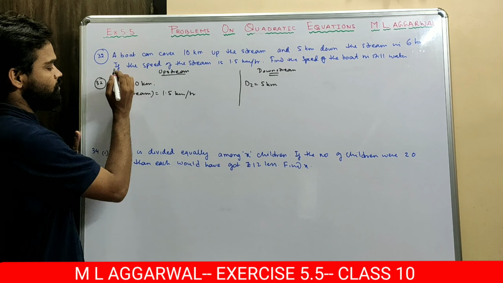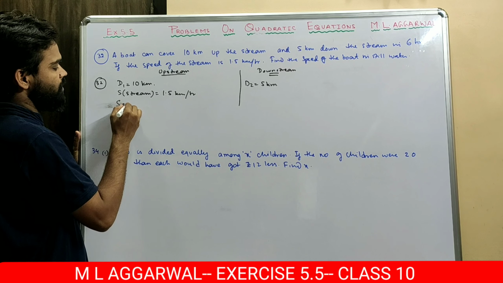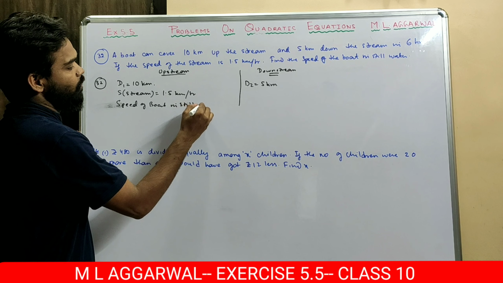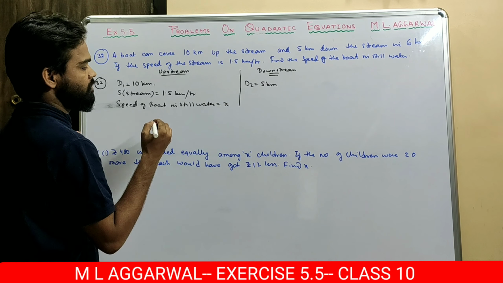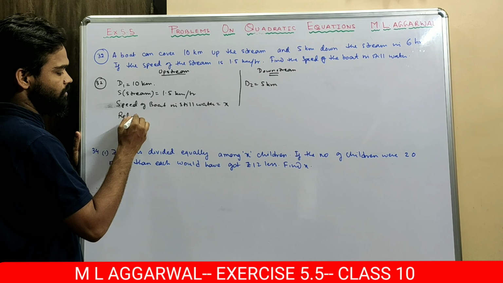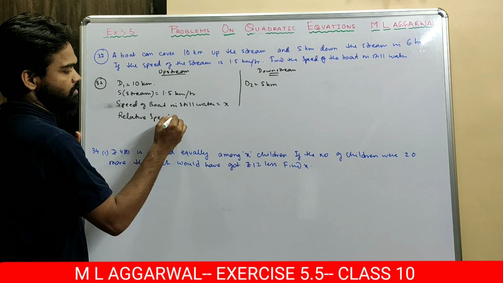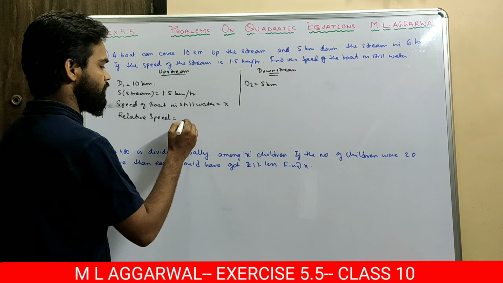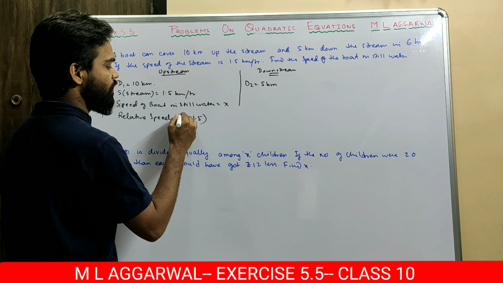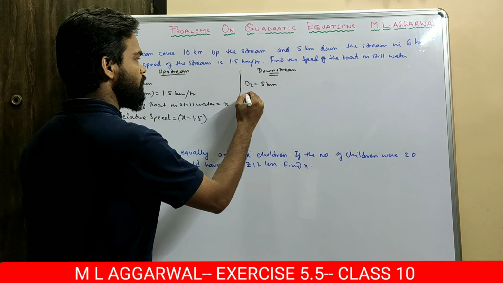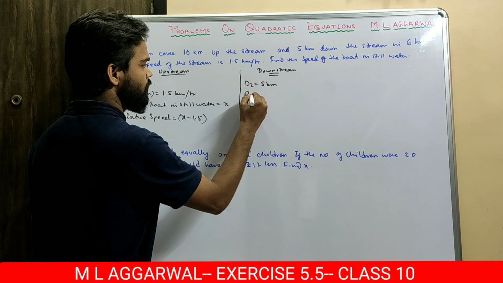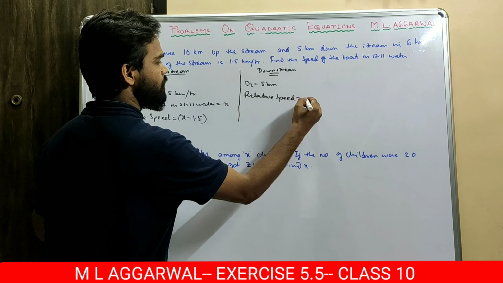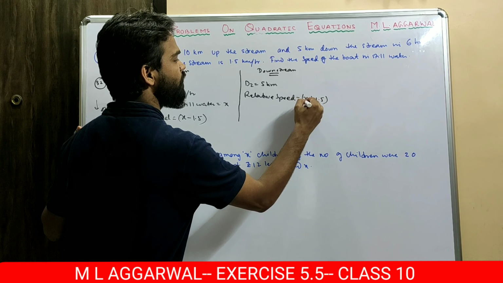Suppose the speed of boat in still water be x, then the relative speed when you go upstream, which means against the stream, is x minus 1.5, isn't it? Similarly over here, when you go down the stream, your relative speed will be x plus 1.5.